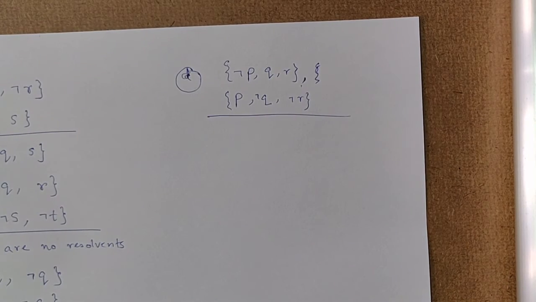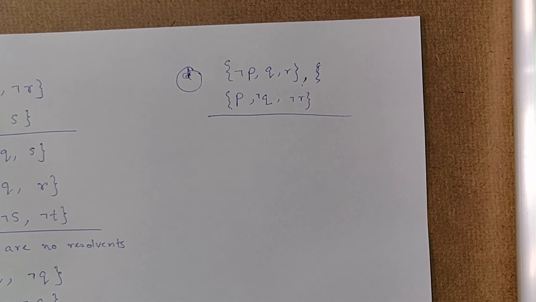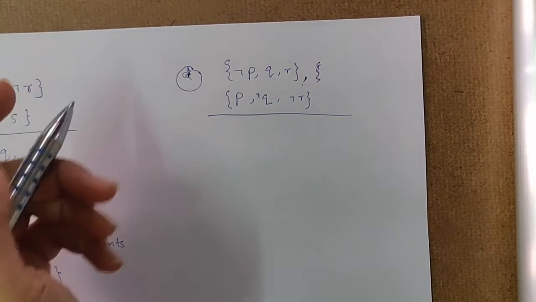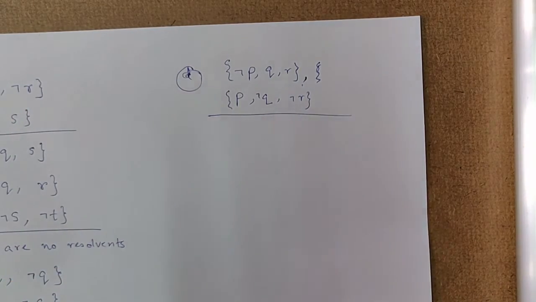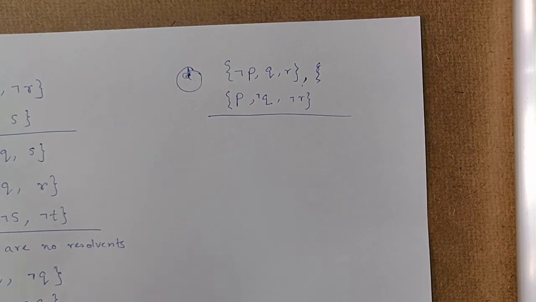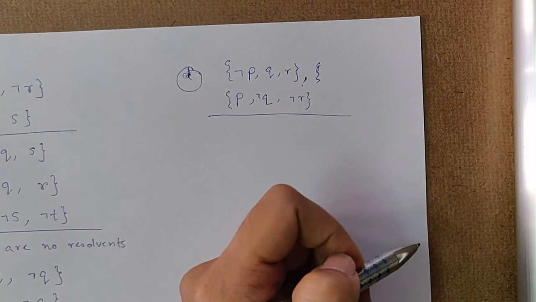So here you can take up many conclusions. How? Resolution is not unique, but how you resolve, on which variable you resolve, that depends what conclusion you draw. For example, I can resolve on the variable P here.